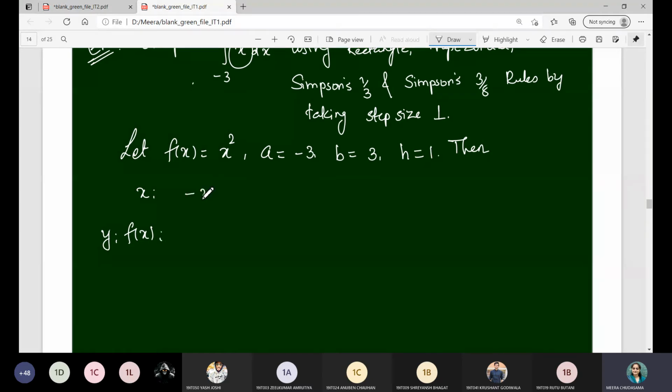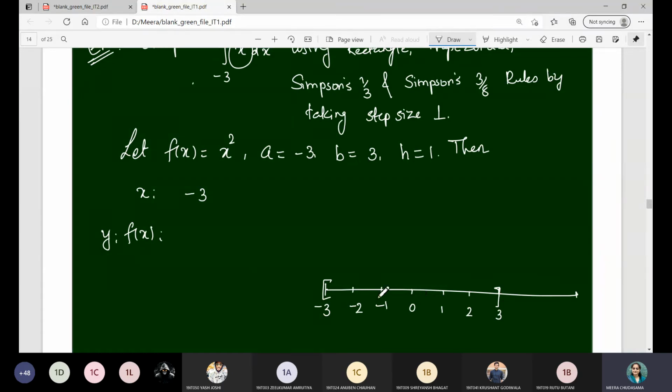So the first point we are given is -3. We have to consider the step size 1. So in this case, I will draw it over here. -3. Then step size 1. So the next points are -2, -1, 0, 1, 2, and 3. Right? This is your endpoint. So -3 to 3 is the given interval.